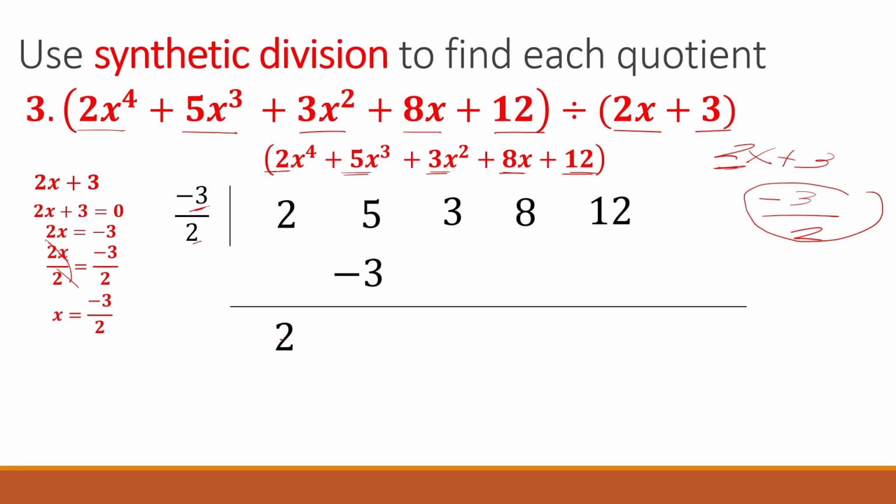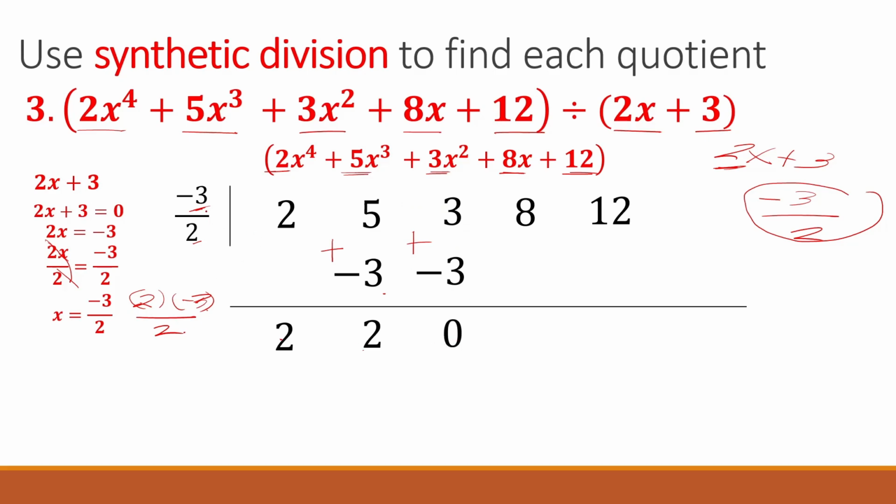Then add 5 plus negative 3, so that is positive 2. Same process: 2 times negative 3, negative 6 divided by 2, so that is negative 3. And then add 3 plus negative 3 is 0.